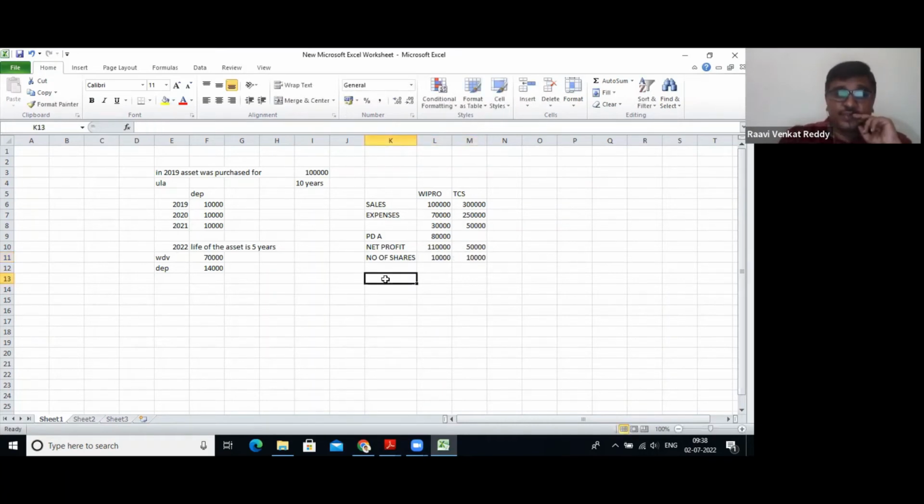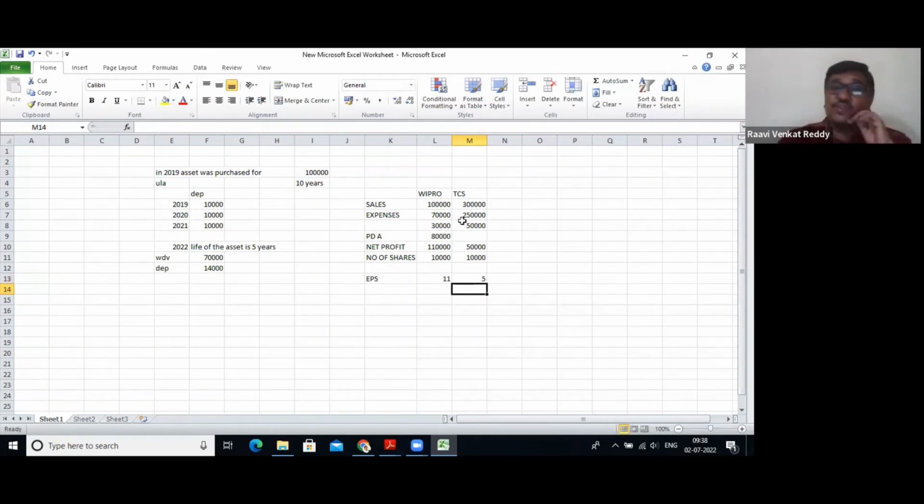Now, if you compute earning per share, yesterday, if you can recollect, every company needs to disclose earning per share in the financial statements as per accounting standard 33. Earning per share is the net profit, 1,10,000, divided by 10,000. So it is 11. For TCS, 50,000 divided by 10,000, it comes to 5.